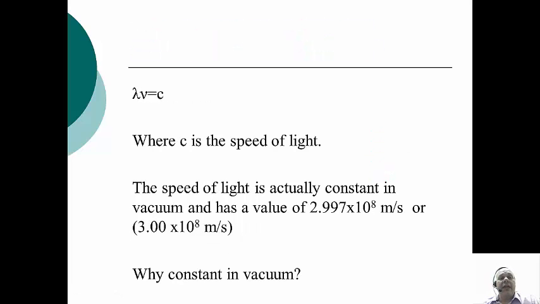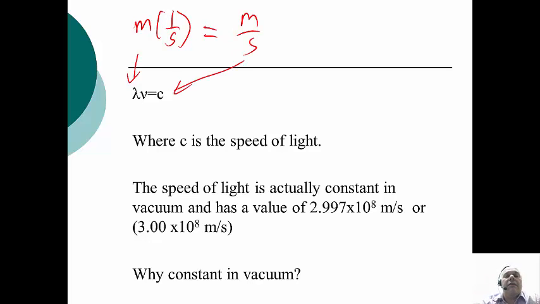Right? And so we can actually combine these three wave properties into one algebraic relationship. The wavelength, again measured in some unit of length like meters, and the frequency, measured in units like reciprocal seconds, combine to give me a speed, which is measured in meters per second, distance per time.